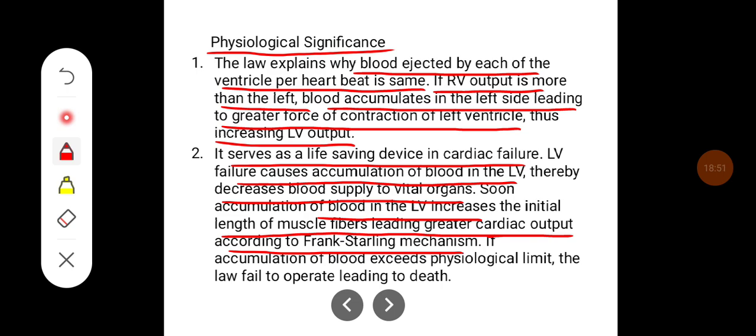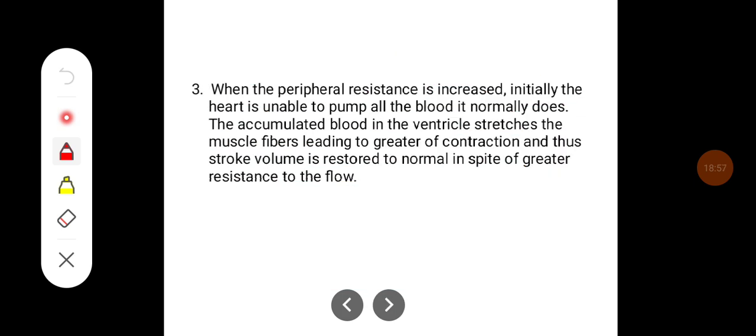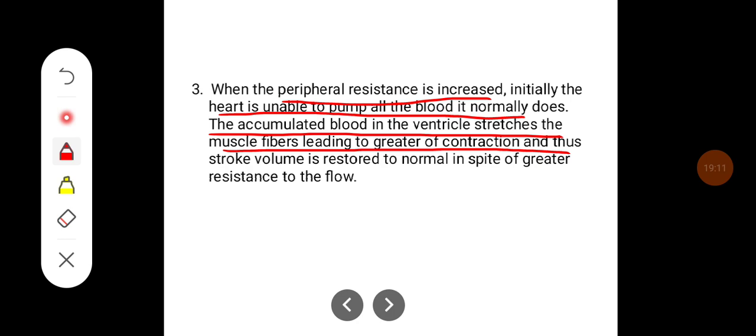If the accumulation of blood exceeds the physiological limit, the law fails to operate, leading to death. When peripheral resistance is increased, initially the heart is unable to pump all the blood it normally does. The accumulated blood in the ventricle stretches the muscle fibers, leading to greater contraction, and thus stroke volume is restored to normal in spite of greater resistance to flow.